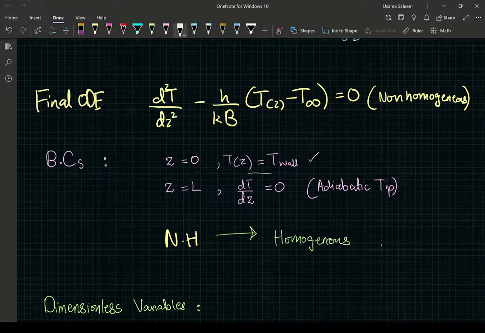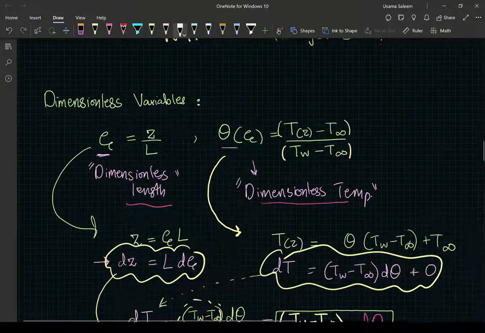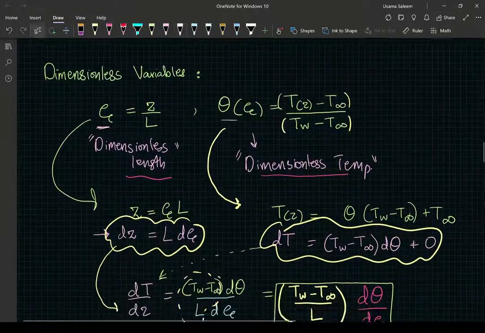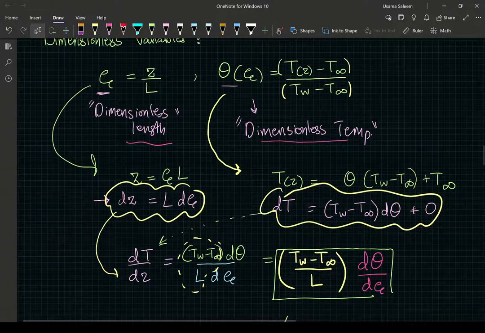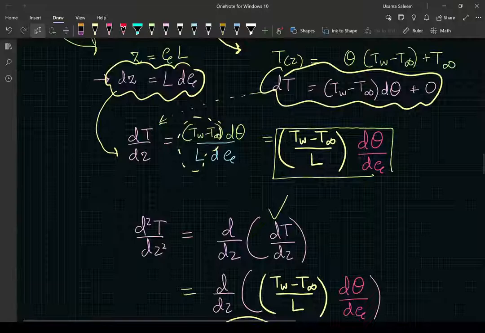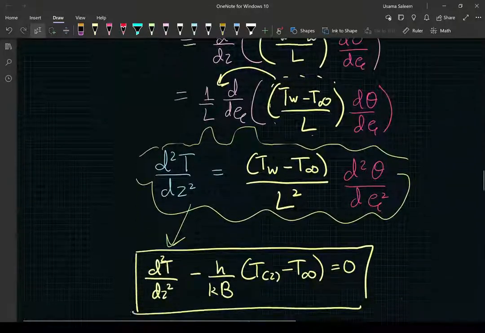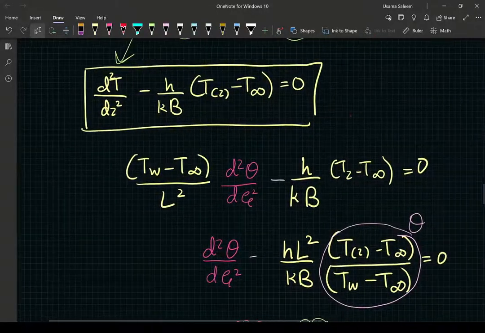At z equals 0, we have the wall itself, so we had the temperature of the wall. And at z equals L, we had an adiabatic tip, so no heat flux. So from non-homogeneous to homogeneous, we introduced dimensionless variables, dimensionless length, dimensionless temperature. Then algebra and calculus.